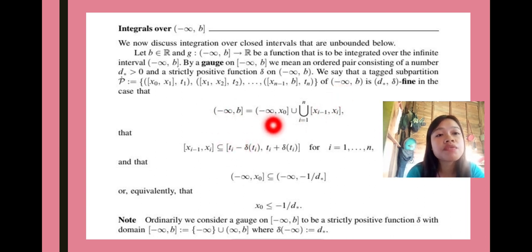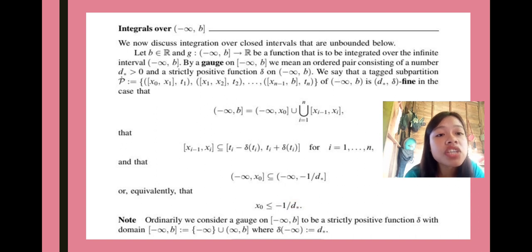in the case that (-∞, b] equals (-∞, x_0] union the union of the intervals [x_{i-1}, x_i] for i equal to 1 to n, with the interval [x_{i-1}, x_i] a subset of (t_i minus delta(t_i), t_i plus delta(t_i)) for i equal to 1, ..., n, and that (-∞, x_0] is a subset of (-∞, -1 over d), or equivalently that x_0 is less than or equal to -1 over d.